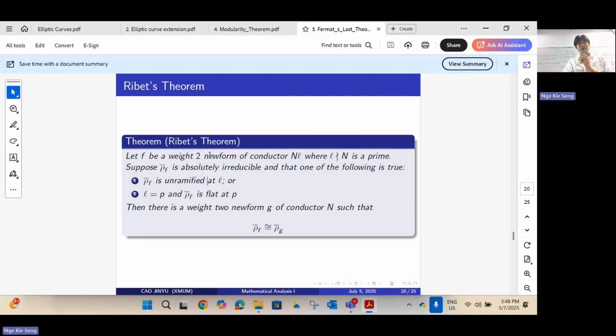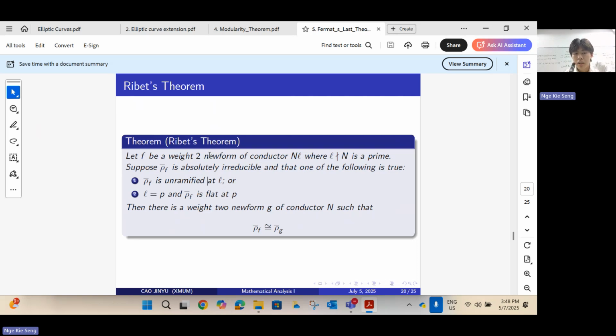Next is about Ribet's theorem. Because I found too many versions of Ribet's theorem, here I provide two of them. One says: let f be a weight 2 newform of conductor Nl, where l does not divide N and is a prime number, and suppose the residual representation of f is absolutely irreducible, and one of the following is true.